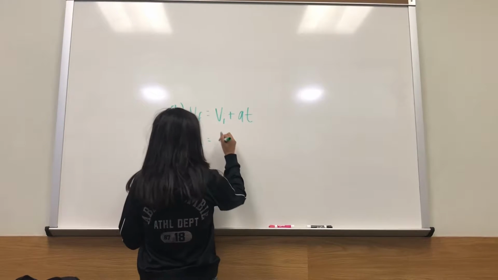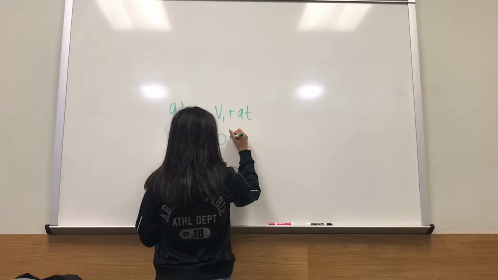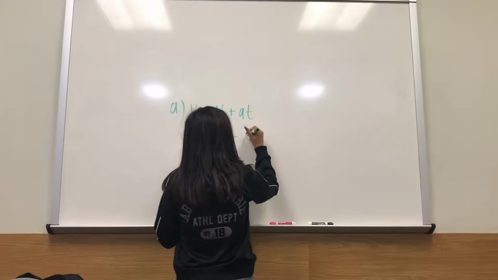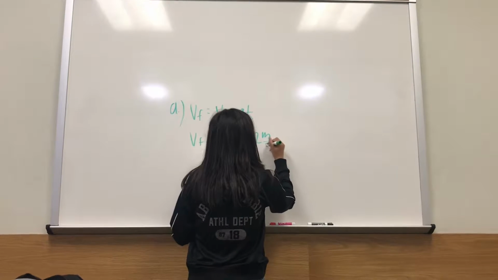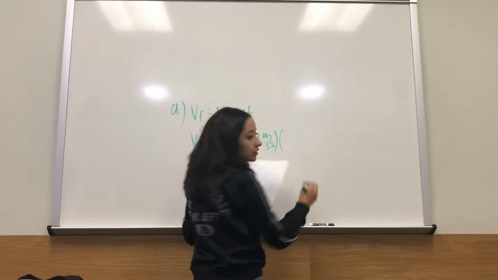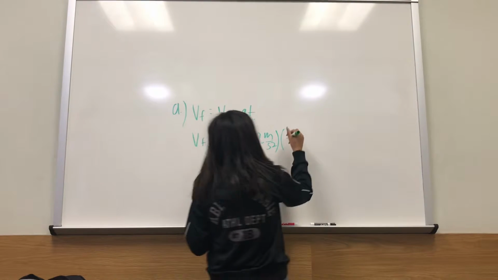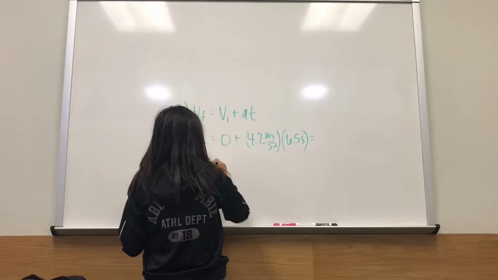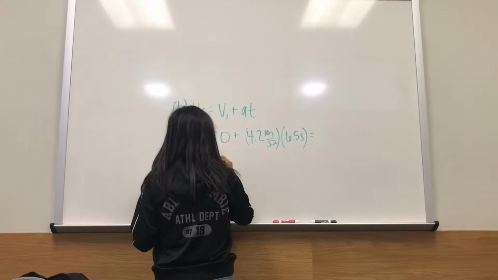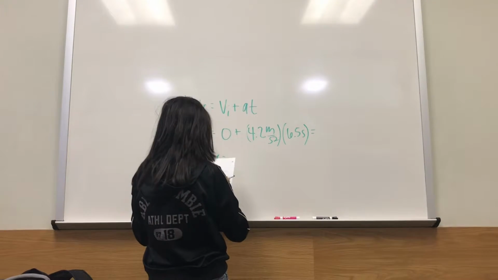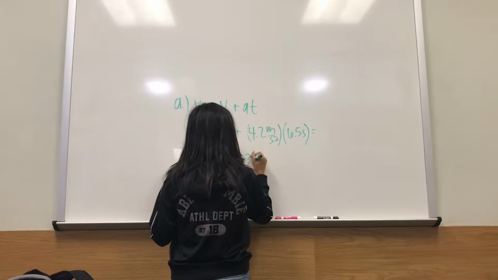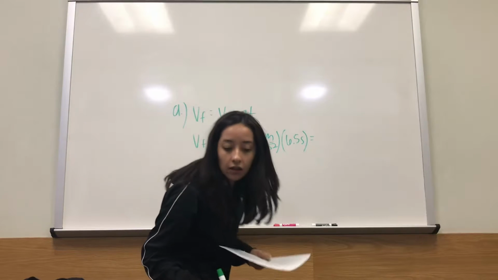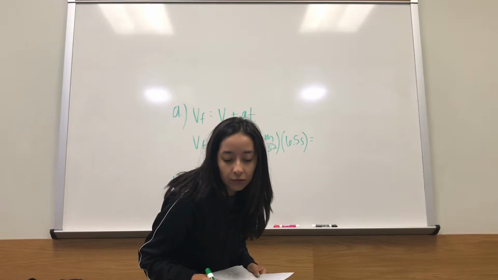Our initial velocity is 0, it's starting out at 0, and our acceleration, it gives us 4.2 meters per second squared, and we multiply that by our time, which was 6.5 seconds. When you multiply those, your velocity final should come out to 27.3 meters per second.